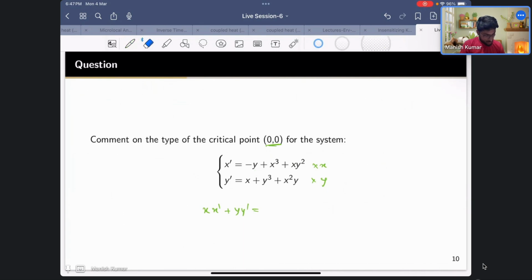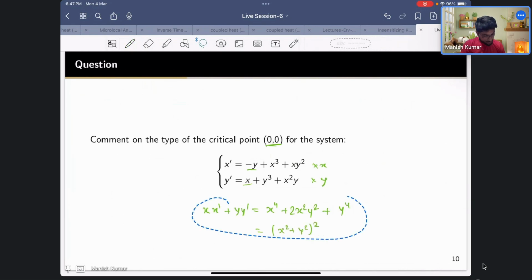You lose these two terms, and here you have x to the power 4 plus x square y square, and y to the power 4 plus x square y square, so you have 2 x square y square, so it's nothing but (x square plus y square) whole raised to the power 2.